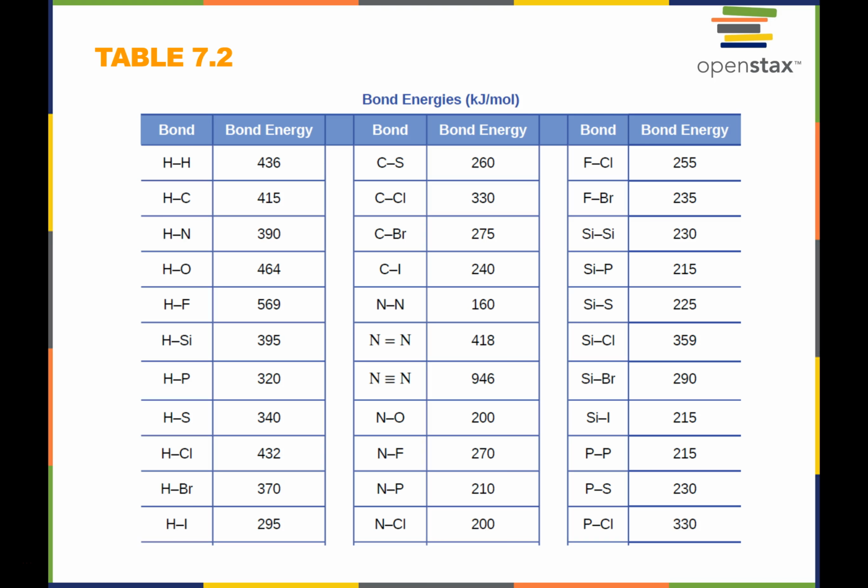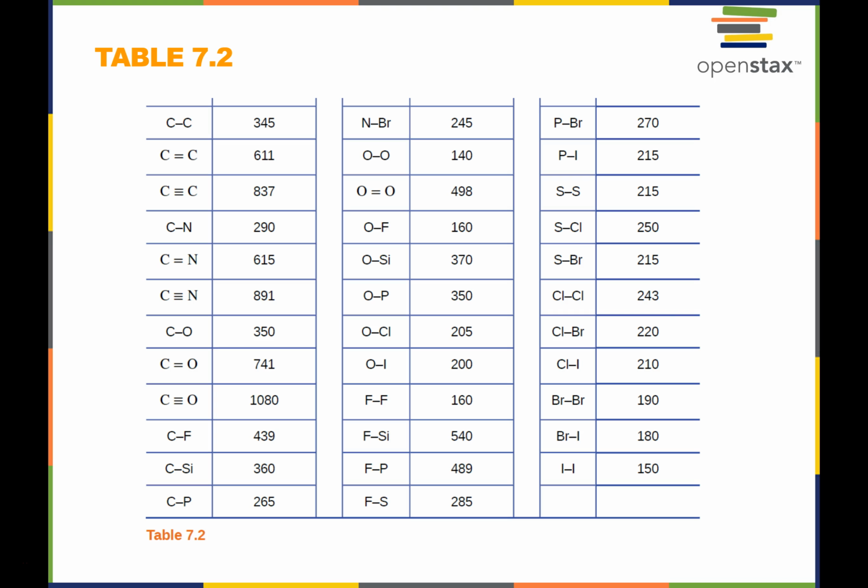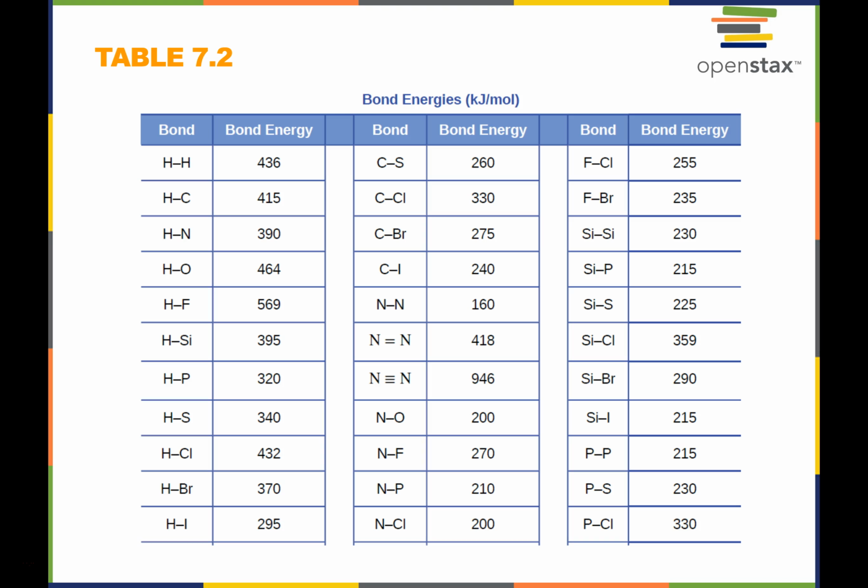Think of bond energy as potential energy, and also as the energy required to break them. Potential energy as they are formed, and required energy to break the two. Okay, so bond energies are given in kilojoules of energy per mole of that bond.